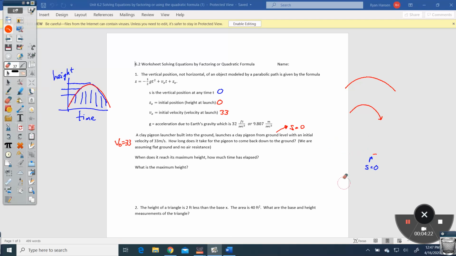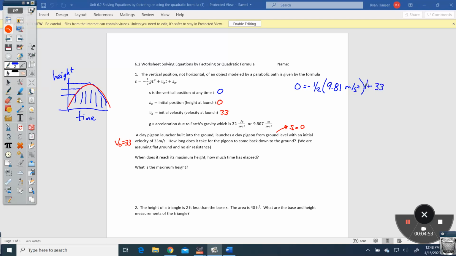I'm going to get rid of my parabolas over here and plug stuff into my formula. So S is 0, negative 1/2, and we're doing meters per second with the velocity, so I'm going to use 9.81 meters per second squared for gravity, plus my initial velocity, which is 33.